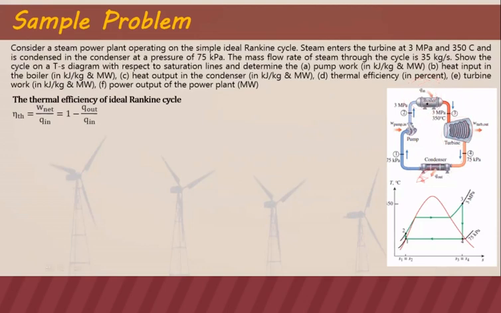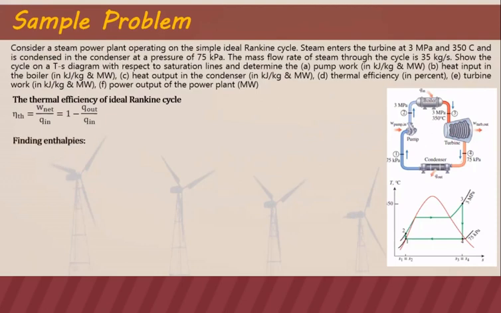Take note also, if you are familiar with thermodynamics 1, that the work of the turbine is positive work because it does not require electricity; it comes from the expansion of the steam in the turbine. And the pump is negative work because it requires electricity. So we have those components.